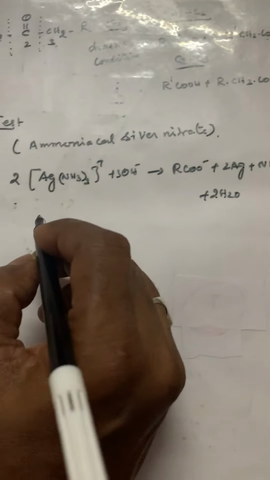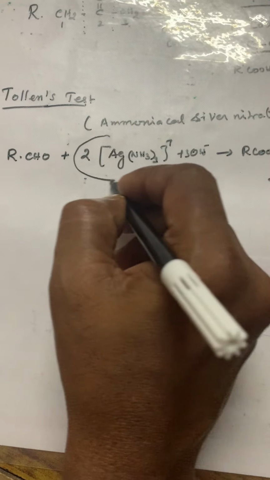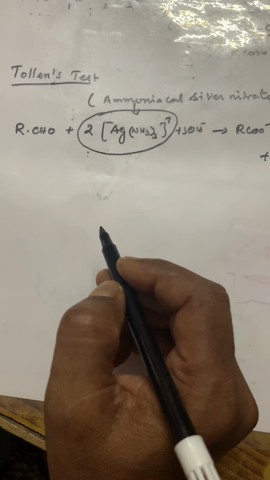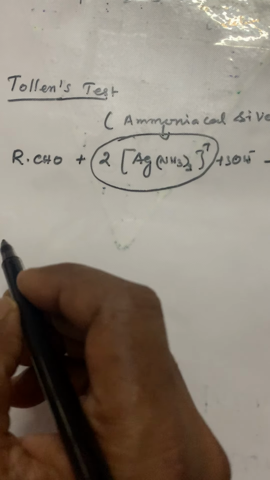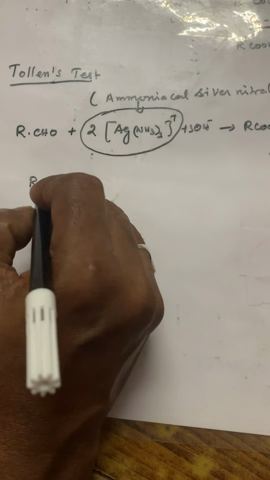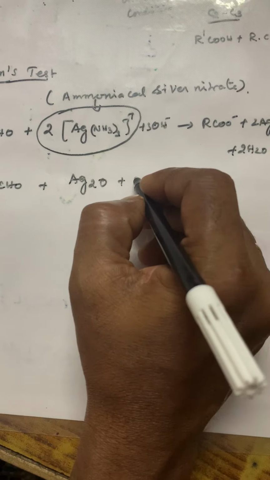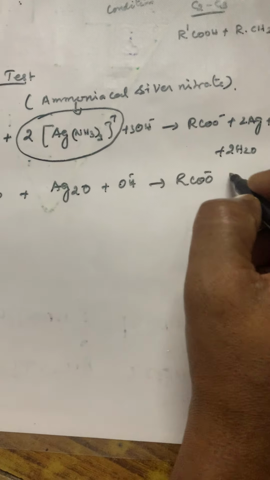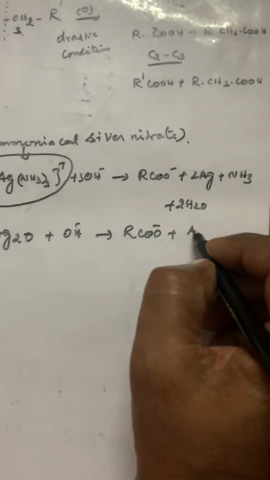This is the full form. Instead of writing all this, it is called ammoniacal silver nitrate. As a shortcut we can also write it as RCHO plus Ag2O, silver oxide, plus OH minus gives RCOO minus plus Ag.